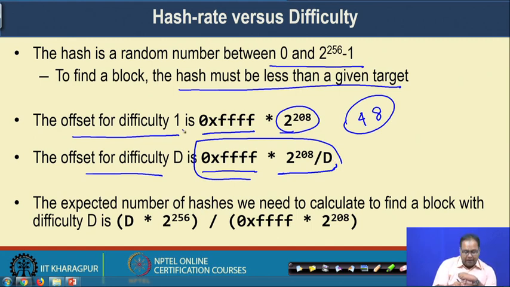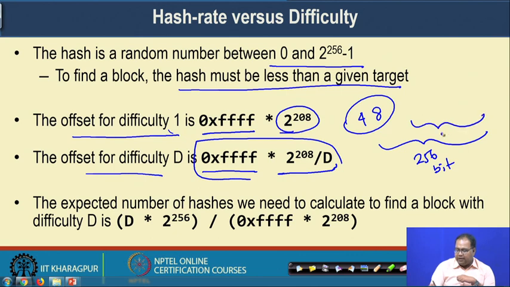The example that I have given is for difficulty level 1. So, for difficulty level 1, out of this 256-bit hash, the 208 bits can be either 1 or 0.